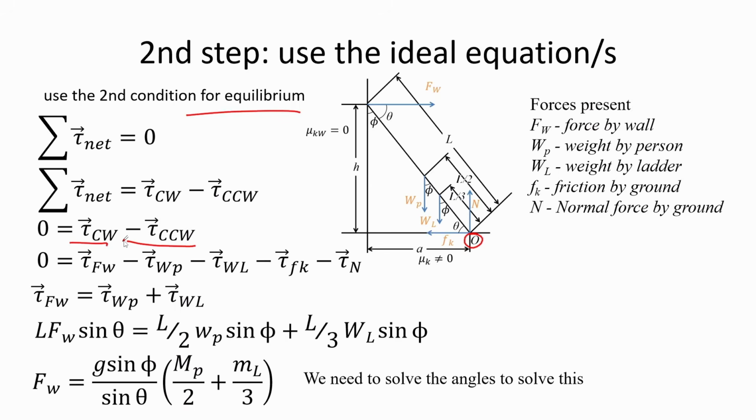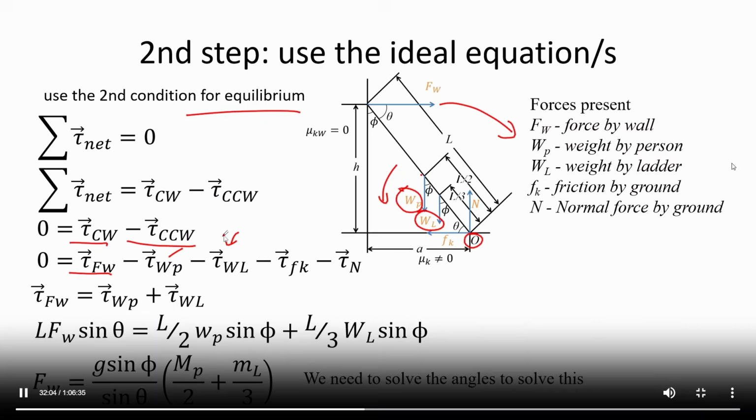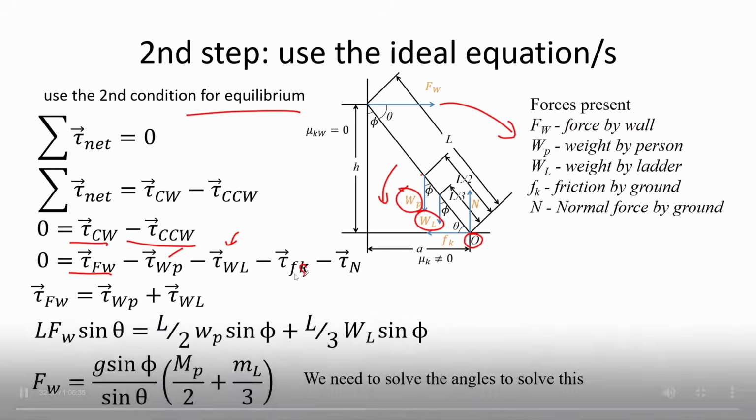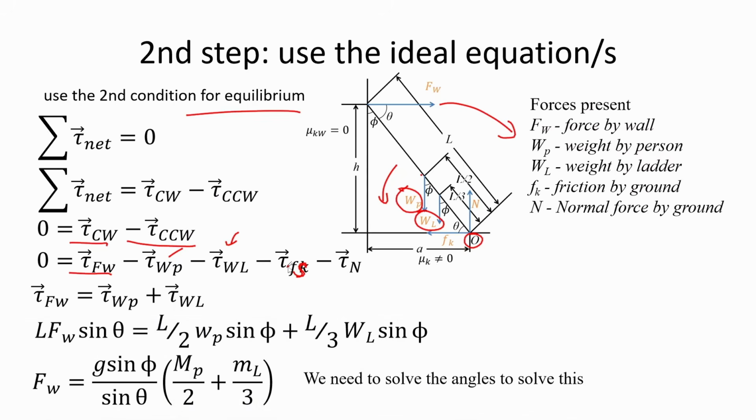If it is allowed to move freely, this force will cause the body to rotate clockwise. The weight of the person, of course, will cause the body to rotate counterclockwise, so negative. This one, the weight of the ladder, will cause the body to rotate counterclockwise as well. Now, the force Fs, let's say stationary, the static friction, or the normal force, they are interacting at the point of origin.